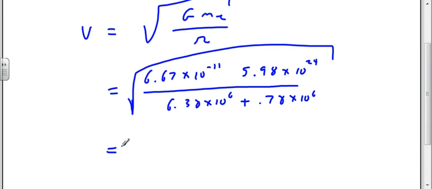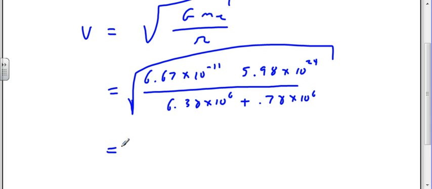Okay, second function, square root key, 6.67 E minus 11 times 5.98 E 24 divided by, open parentheses, 6.38 E 6 plus 0.78 E 6, close parentheses.